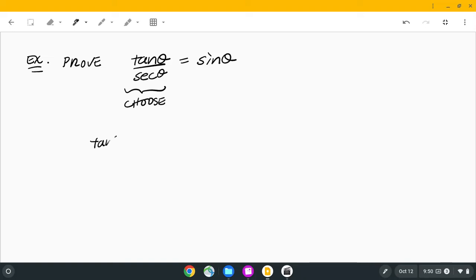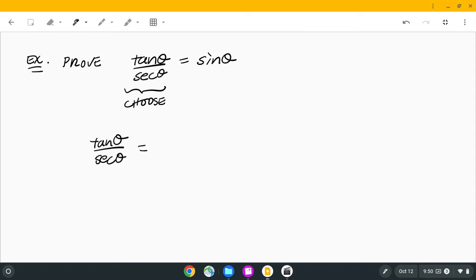Let's prove that tangent theta over secant theta equals sine theta. Clearly the left side looks more complex, so I'm going to choose this side: tangent theta over secant theta.